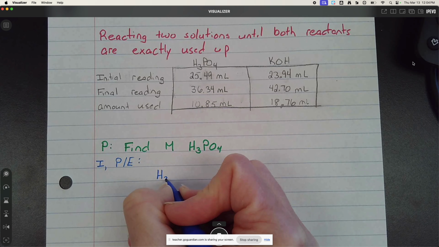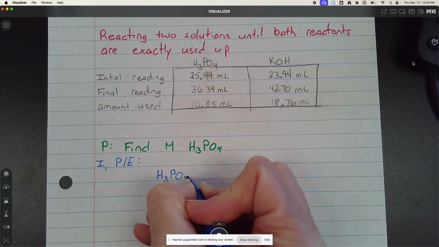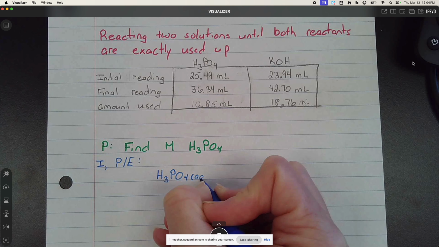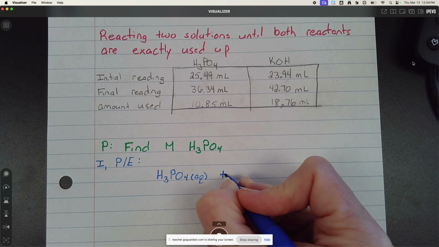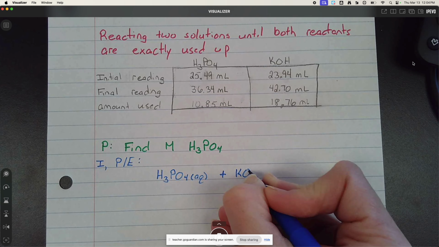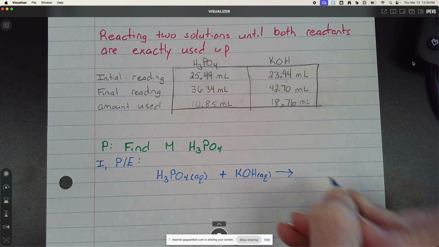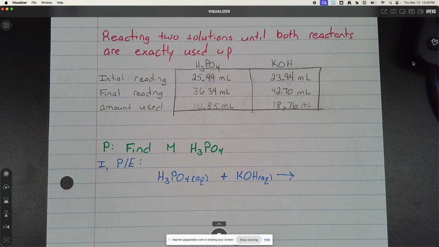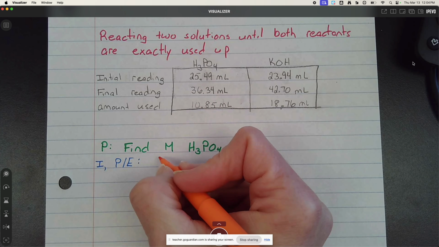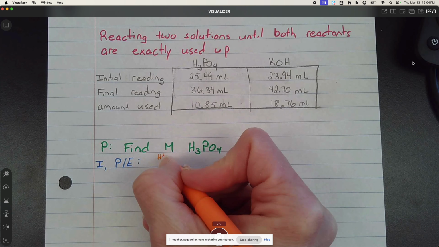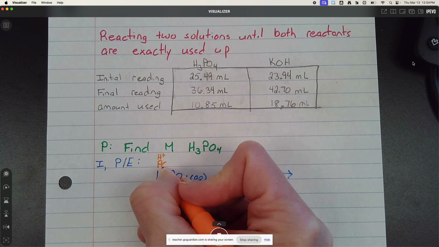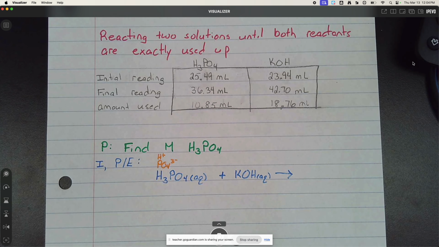We have H3PO4, which is aqueous, reacting with potassium hydroxide, which is aqueous. And you were told in your information about this process that this is a double replacement reaction. So we have to think about what we're going to get for products. H3PO4 consists of hydrogen ions and phosphate ions.